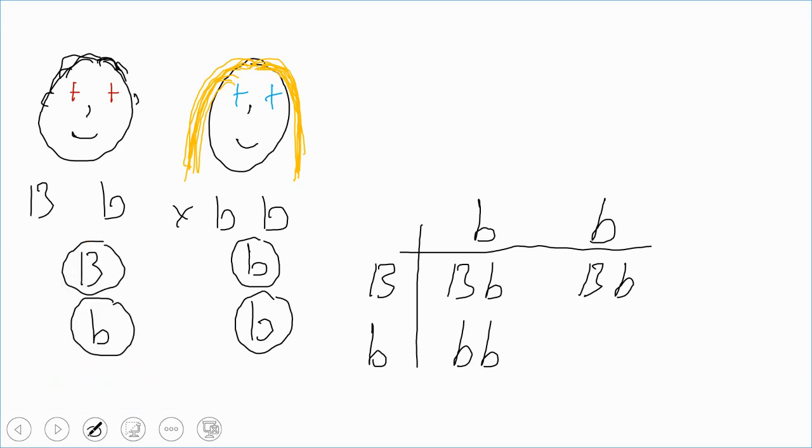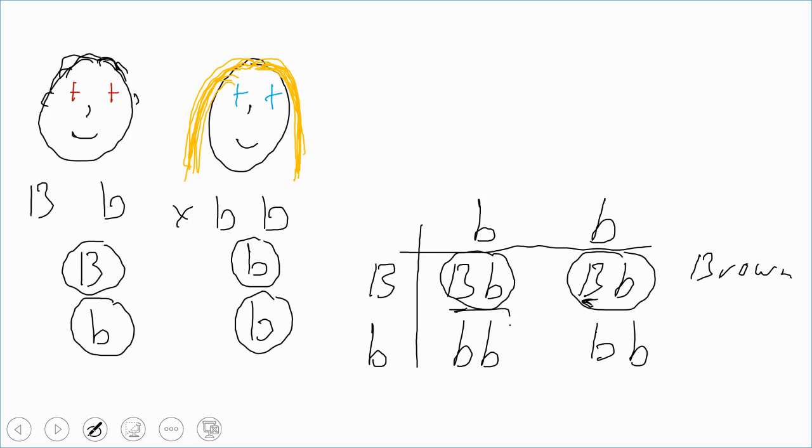Half the babies produced would be heterozygous, which means that they're going to have brown eyes, and half of them would be homozygous recessive, which means that they have blue eyes. So what I have here is 1, 2, which have the capital B, the stronger brown eyes. So these two would be brown eyed.